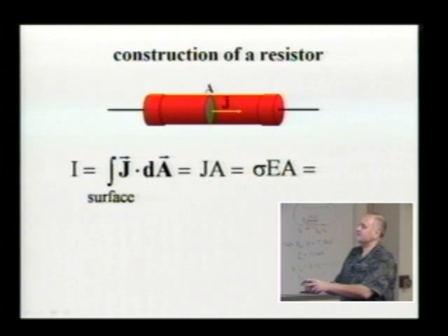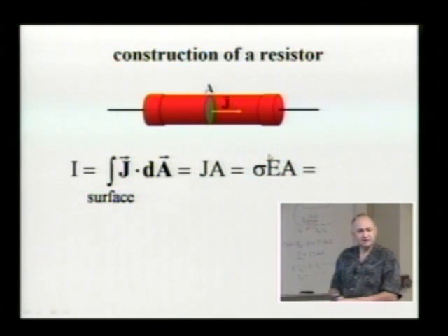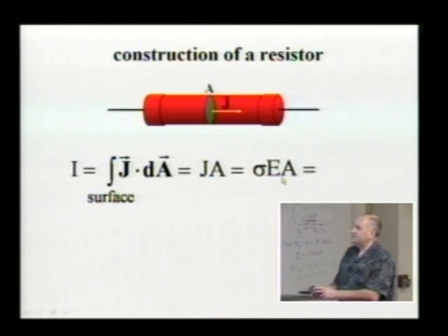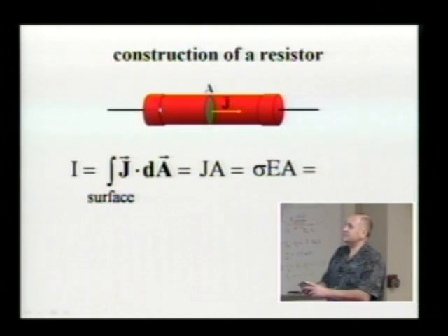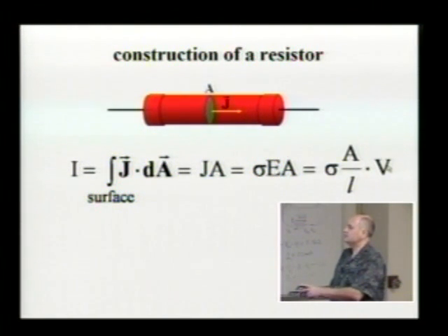So I can now write that the magnitude of current density is equal to the conductivity of the substance which I used to make the resistor, multiplied by the strength of the electric field in that resistor. That one, on the other hand, depends on the potential difference between these two. These are like plates, so I can assume that the electric field here is almost uniform and related to the potential difference. So electric field strength is equal to the potential difference between this point and this point divided by the distance between them.